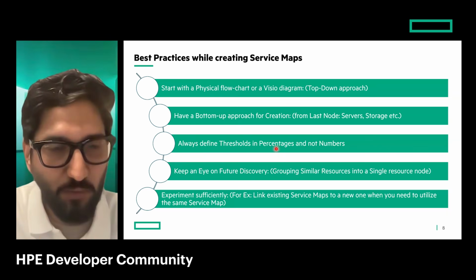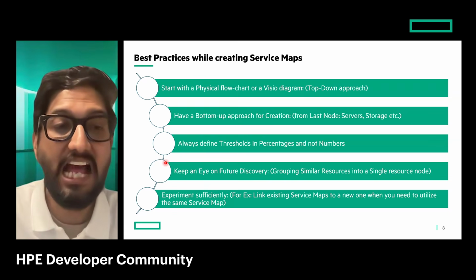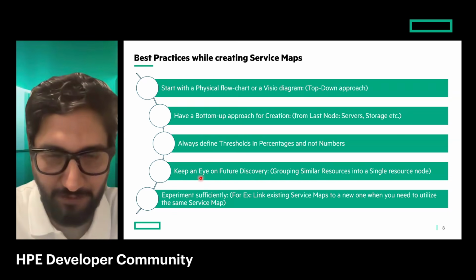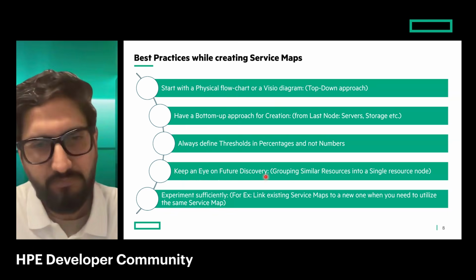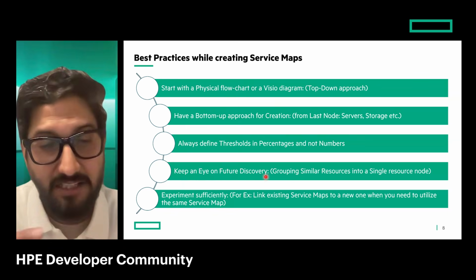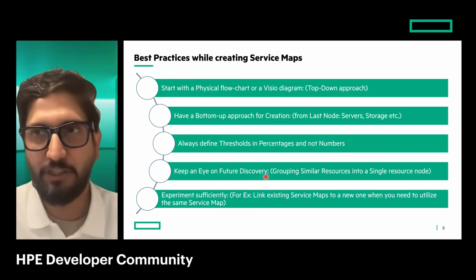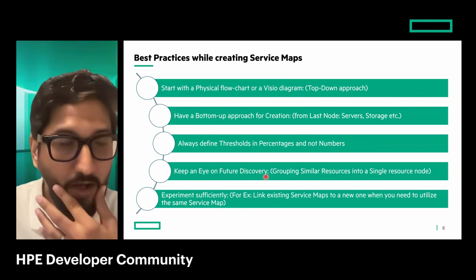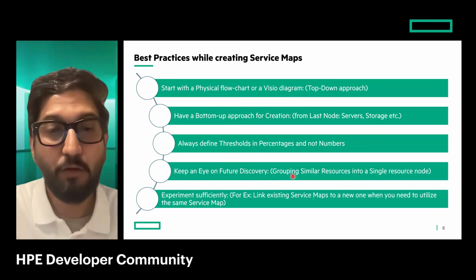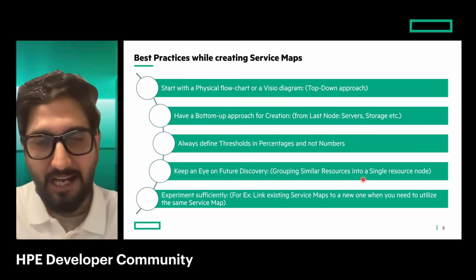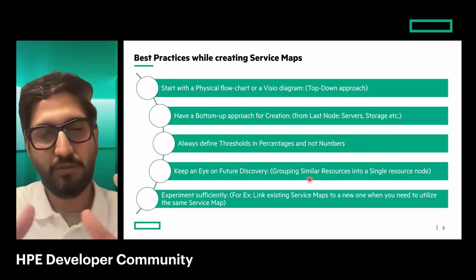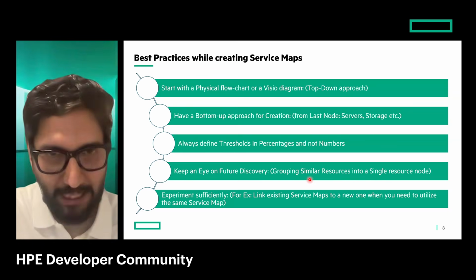Addressing what I was referring to next, which is keeping an eye on future discovery and future scaling up of the infrastructure. So when you're defining the resources under the nodes, which Ram was showing earlier, instead of giving the resource names, try and see if you can group all these resources under a resource group. Now, it can be looked at by using the resource grouping feature in OpsRamp.